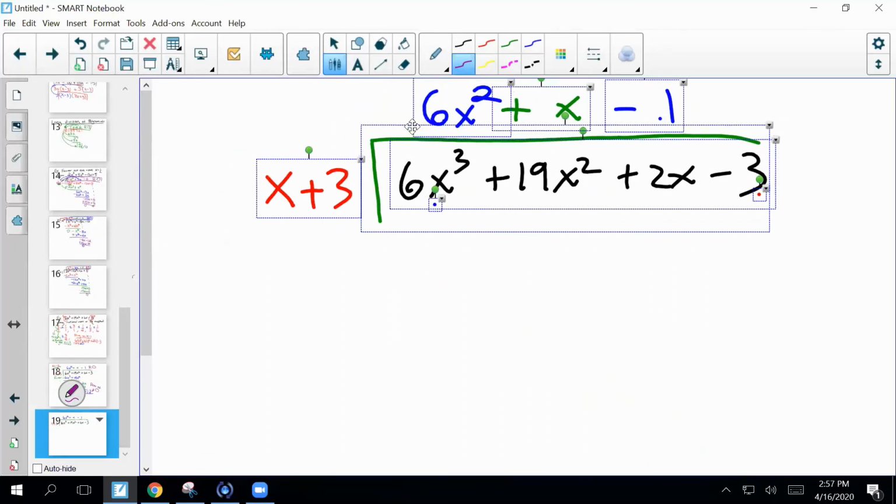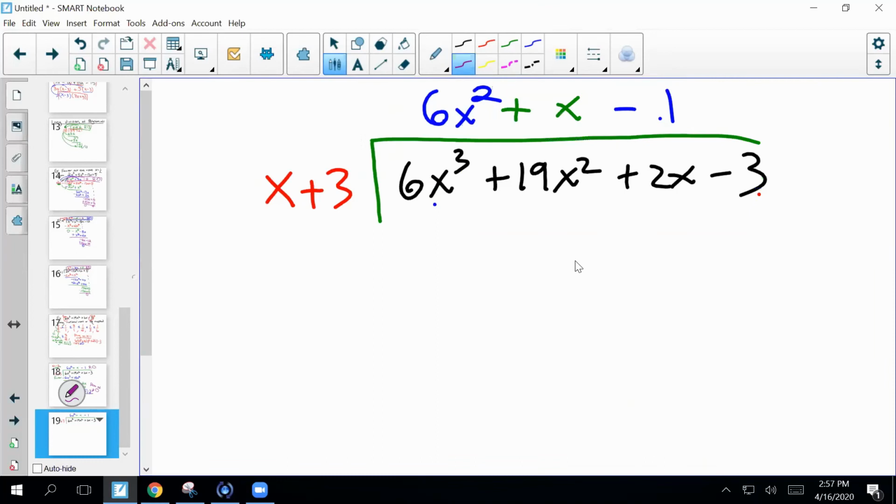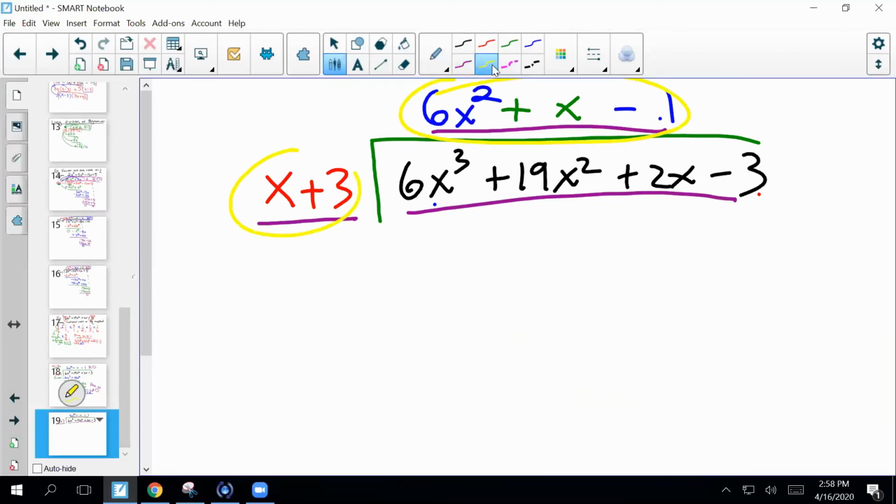We just found this. But here's what we have. If this divided by this is equal to this, then we know this one times this one is going to give us that.